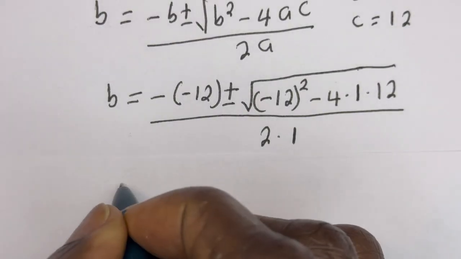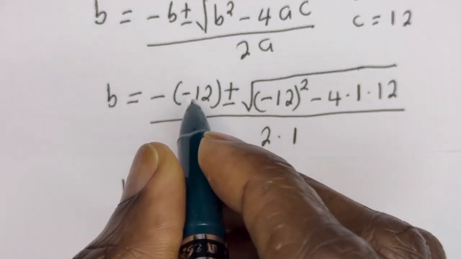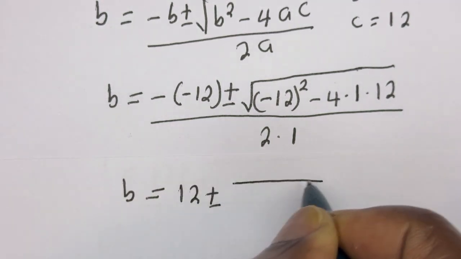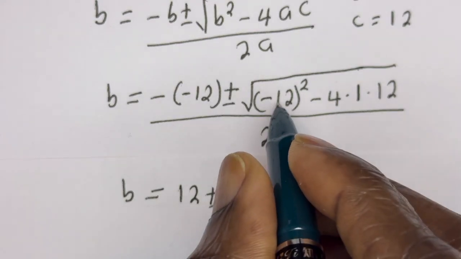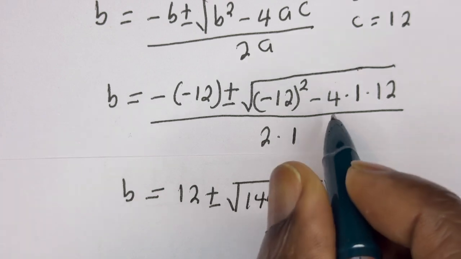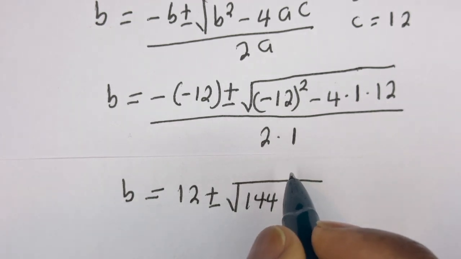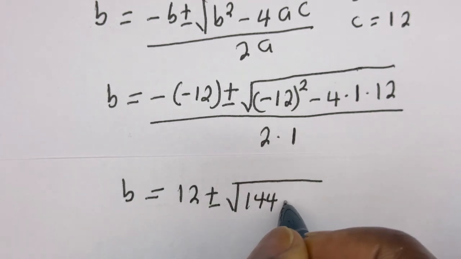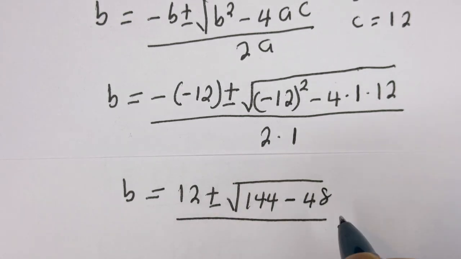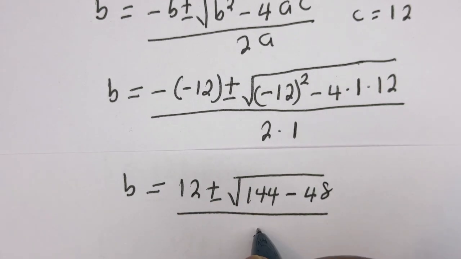Then from here, b is equal to minus times minus 12, that is 12, plus or minus square root of minus 12 squared, that is 144, minus 4 times 1 times 12, that is 48, divided by 2 multiplied by 1.